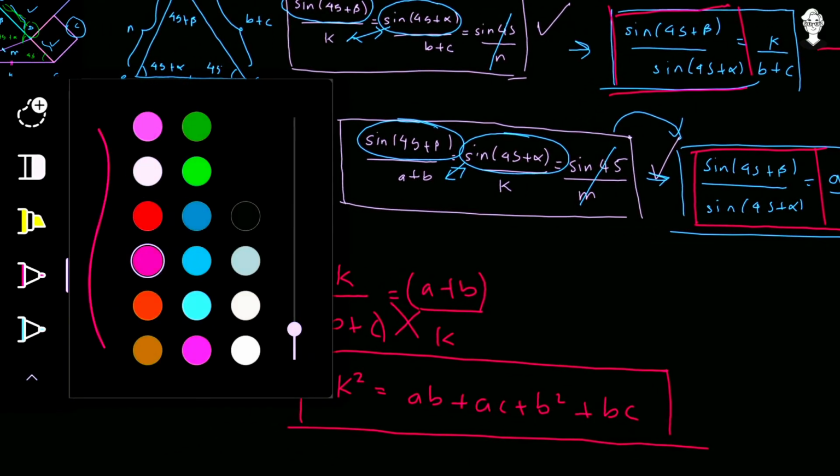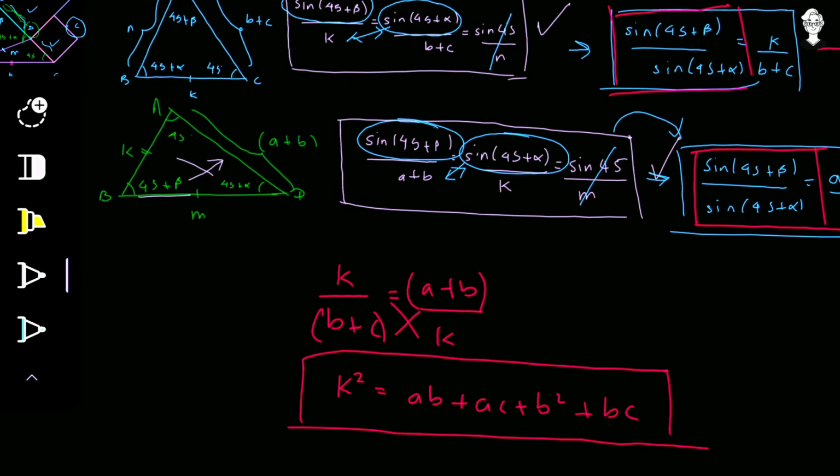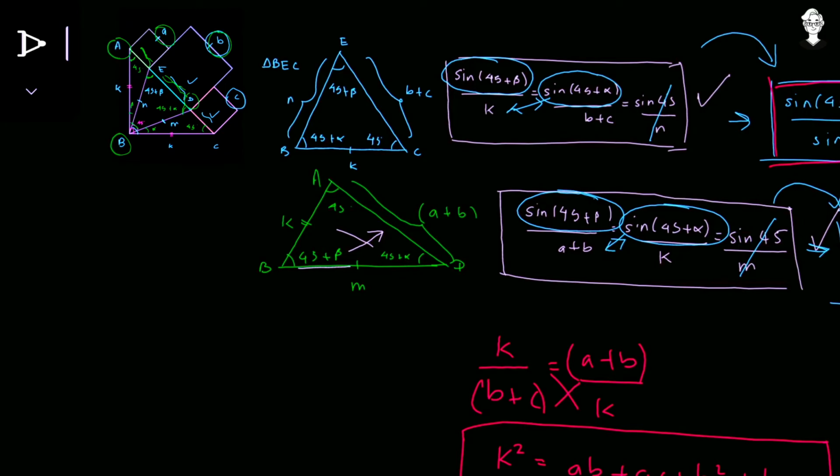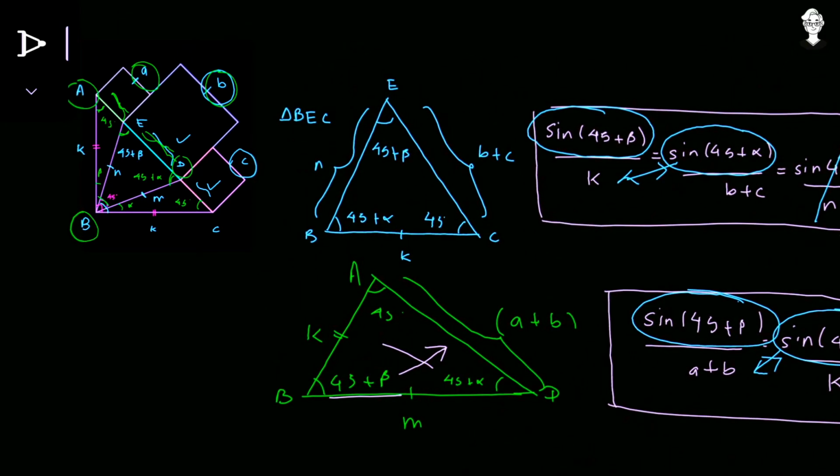Now remember the thing that we have not utilized till now. Look carefully. What we have utilized: the side of the square, very nicely, the angles were 45 degrees, the equal sides k and k. But what we have not utilized is that this particular triangle is a right angle triangle.